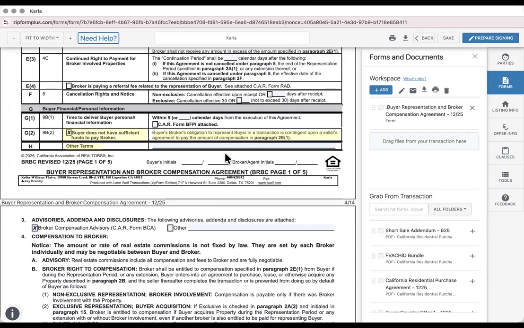I know that there was a point, and they'll probably ask, "Well, what about that new stuff that's going on?" And I usually just say, it actually hurts sellers for them to not pay buyers agents because buyers are already coming up with the money to purchase the home. They're coming up with the down payment.